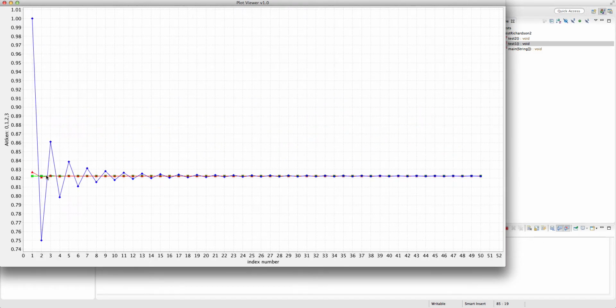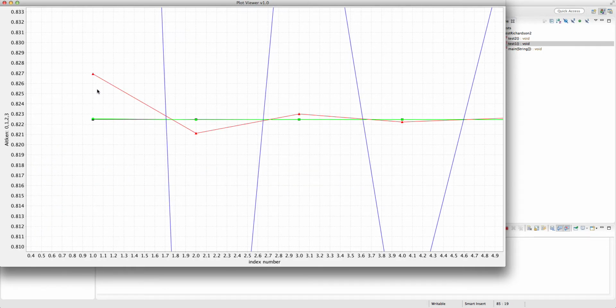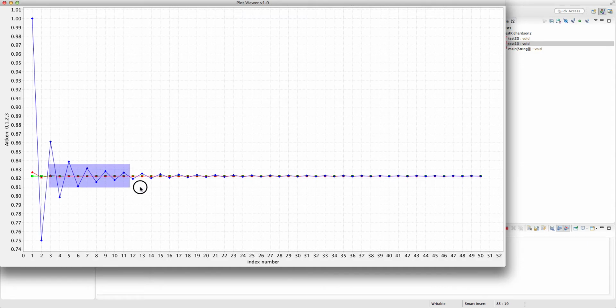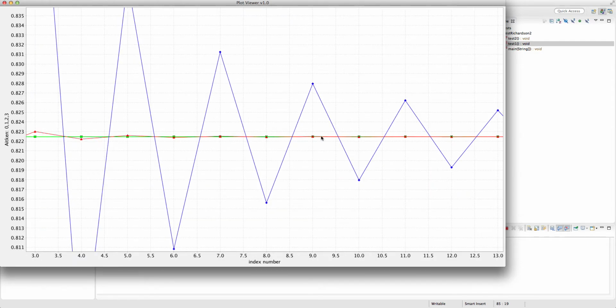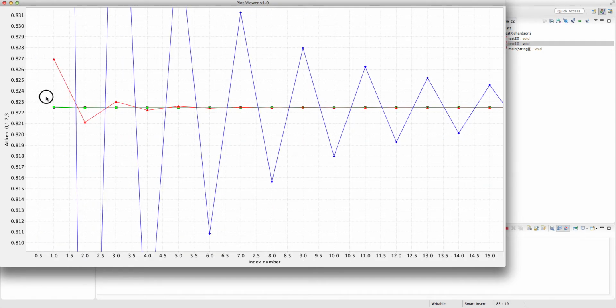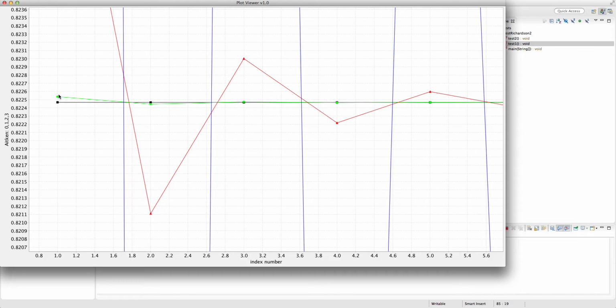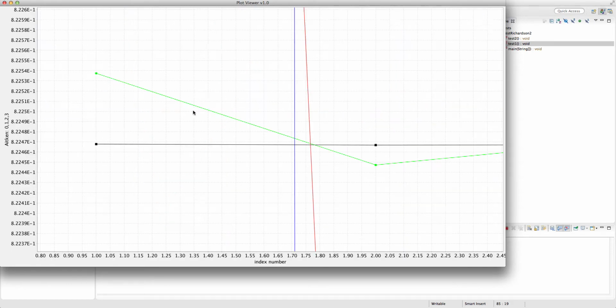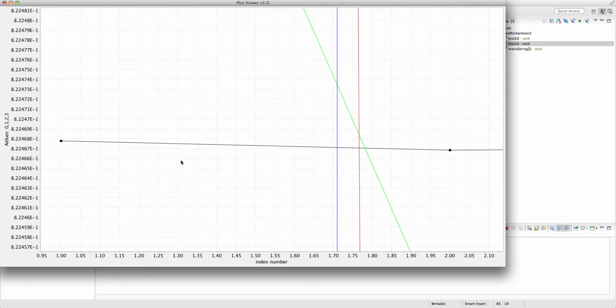And as you can see, the first Aitken is the red one, and we see that it has a much better behavior, almost converging after just a few steps, 8, 9 terms. Okay? And even for the higher order Aitkens, the green one is the second Aitken transform on the first Aitken, and then the black one pretty much converges.